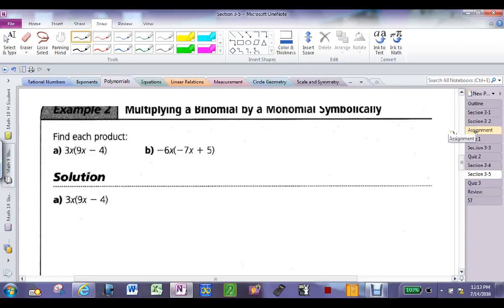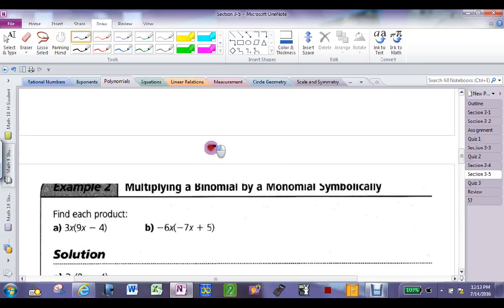If I had this, don't write this down, 3x plus 2, what would you do? You would do the distributive property, and you would get 3x plus what? 6. Cool? All right.